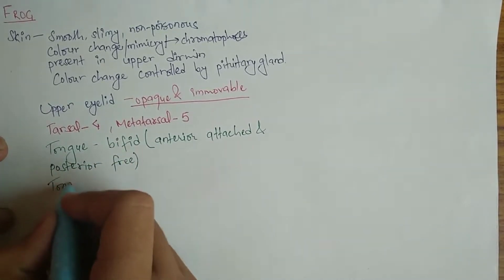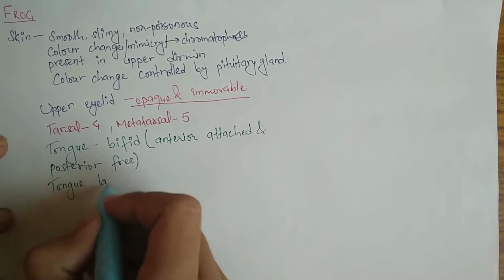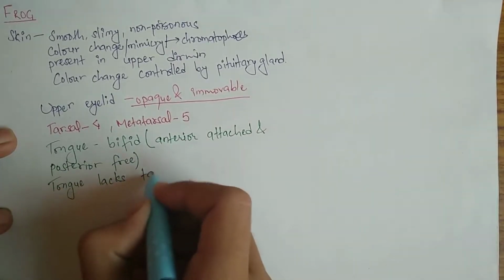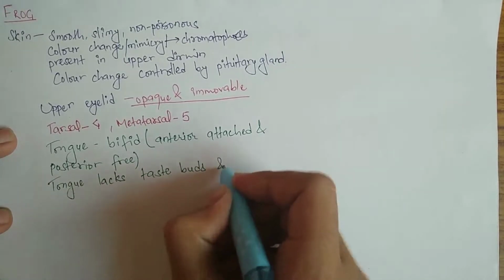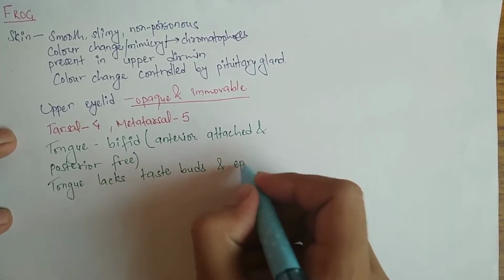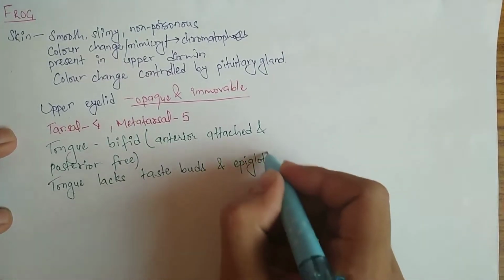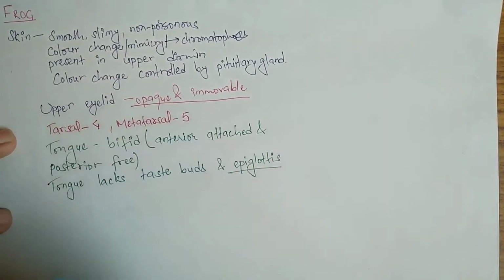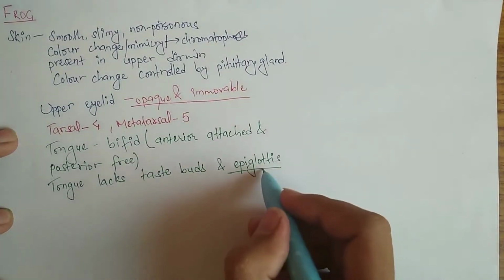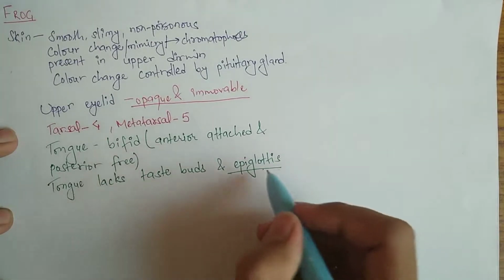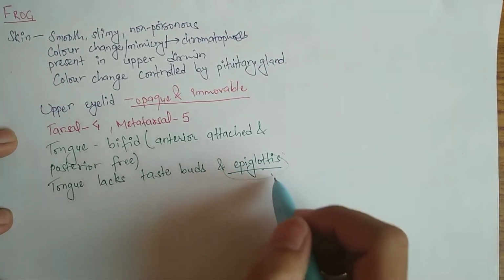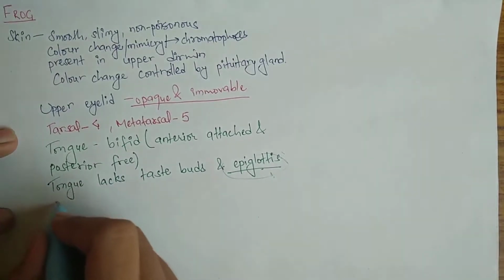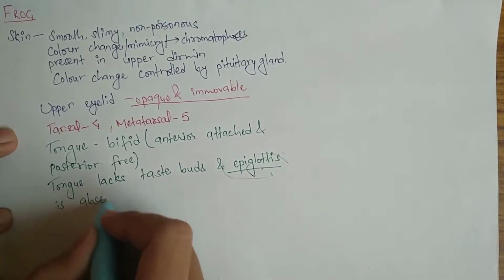Tongue lacks taste buds, and the major thing, epiglottis, which covers the windpipe. In humans, when we eat food, the epiglottis closes the windpipe, but is it absent in the frog? Absent.